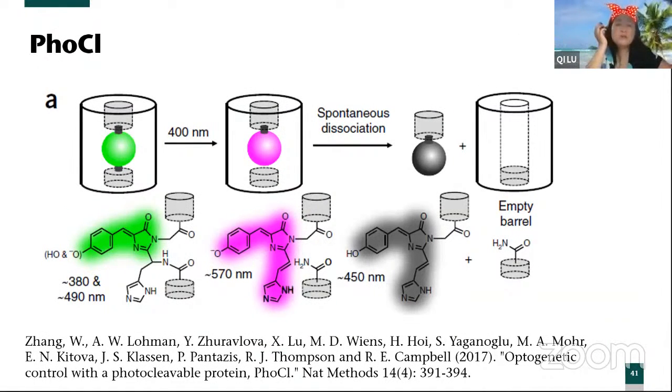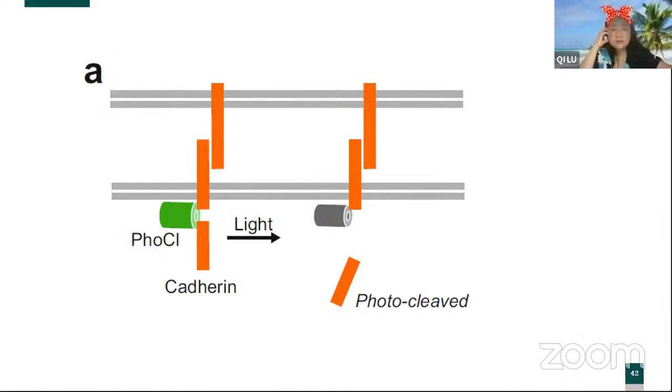In the beginning of this lecture, we talked about a protein-protein dissociation system, that's PhoCl. And here the authors discuss how to study cell mechanical interaction and signals using cadherin. Here cadherin is linked with PhoCl, and using light it will cause a dissociation of the transmembrane part of the cadherin from the intracellular part.